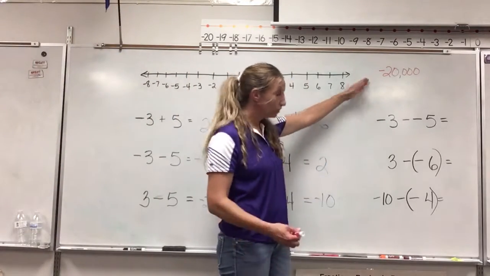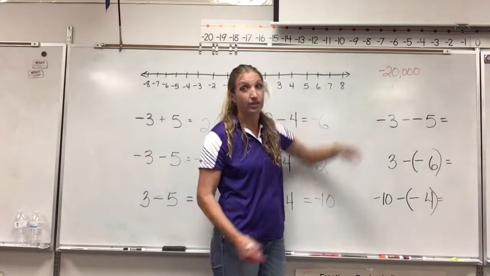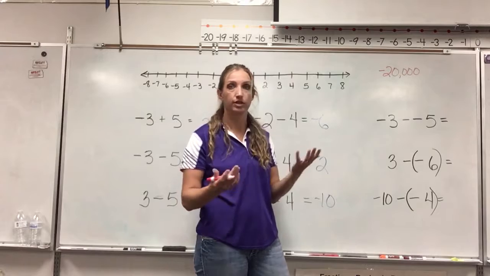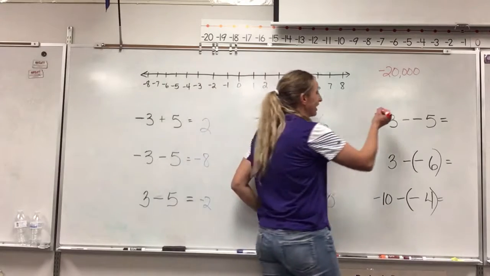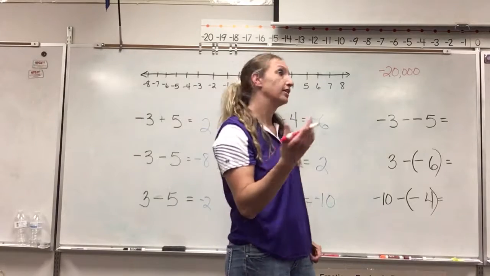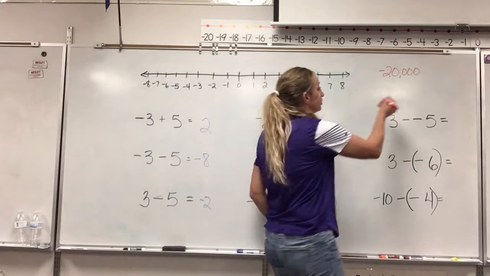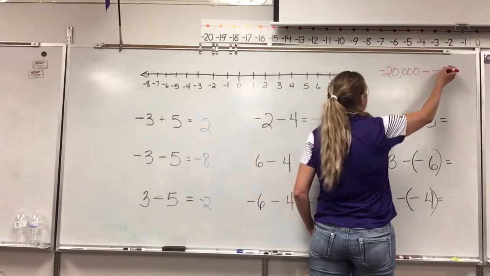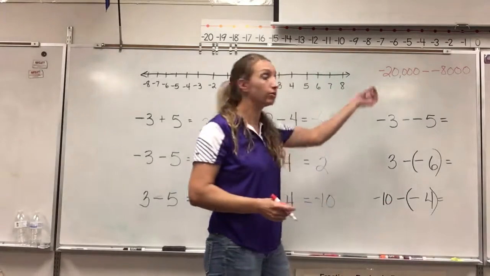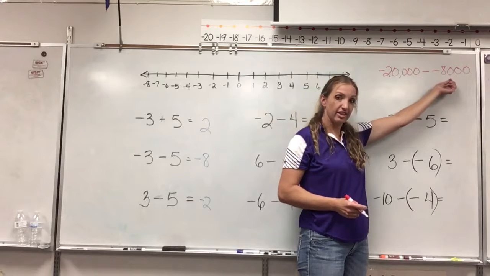I was in the hole $20,000 already, and after I worked in a rural school for 3 years, they took away some of my debt, not all of my debt. So let's say that my scholarship was for $8,000. They took away my negative $8,000.